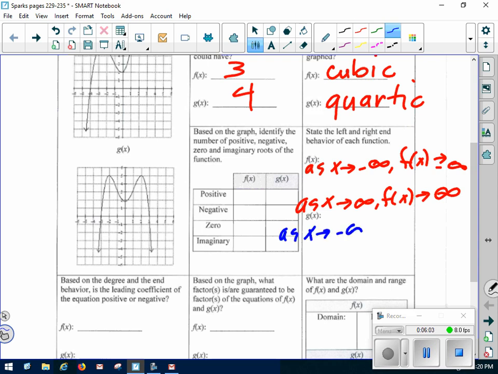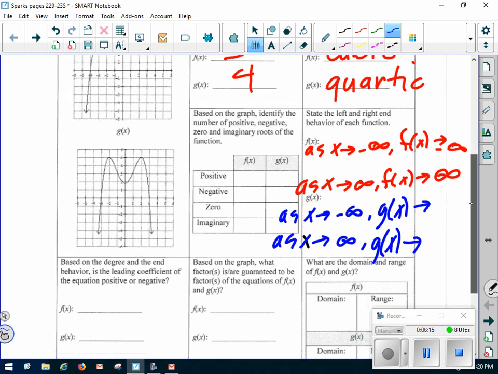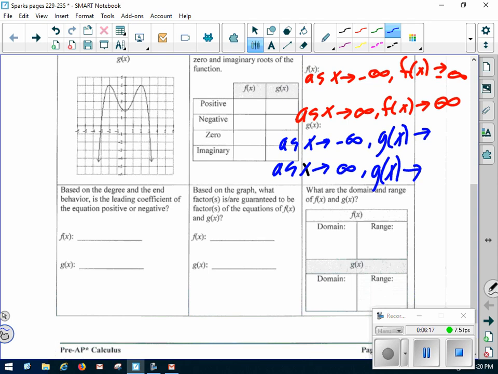What does the function approach on g as x approaches negative infinity? Negative infinity. What about as x approaches infinity? Negative infinity as well, right?